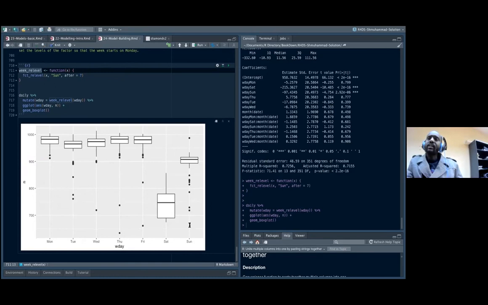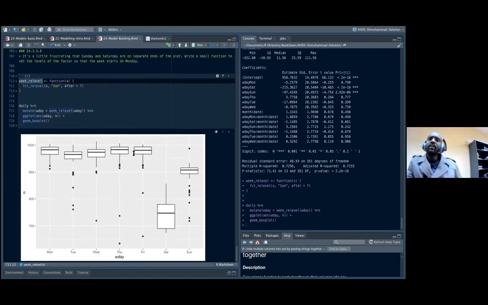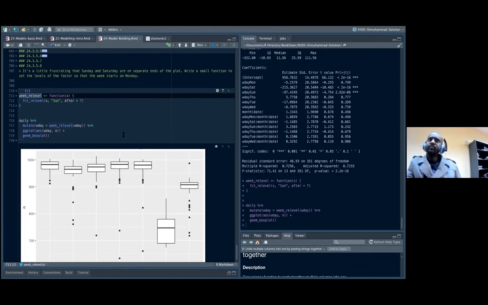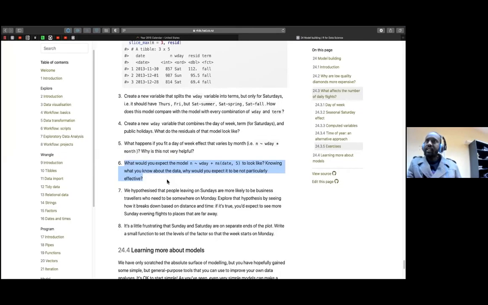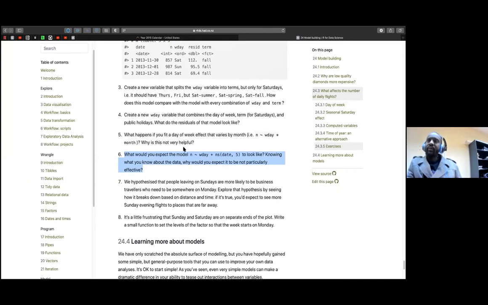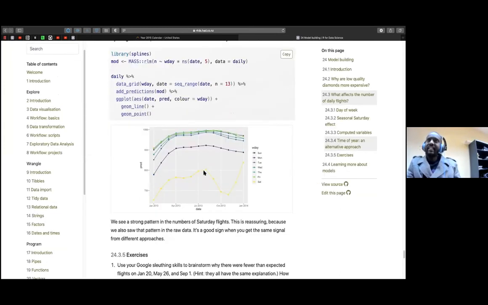We have Saturday and Sunday in the way it is expected. So that is this one. I haven't attempted 6 and 7. Maybe we have more time, so maybe we can discuss them if they are right.